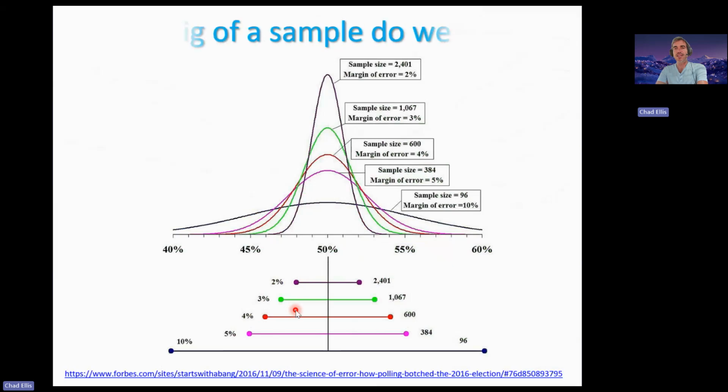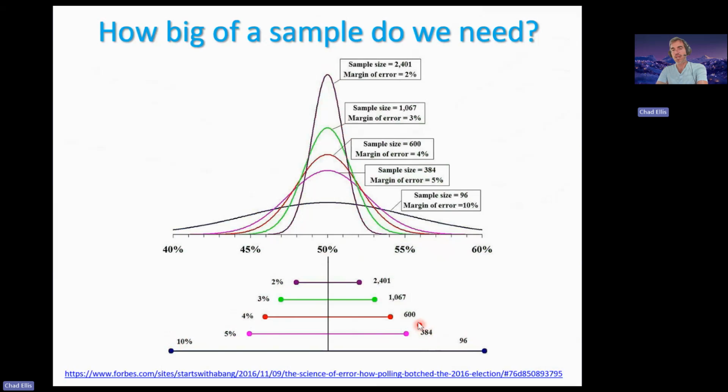So the idea here is that we have a bunch of different sample margins of error. You can see down here, as our sample size decreases, our level of error or margin of error increases. At the bottom here, we only have a sample size of 96, and our margin of error is 10%.